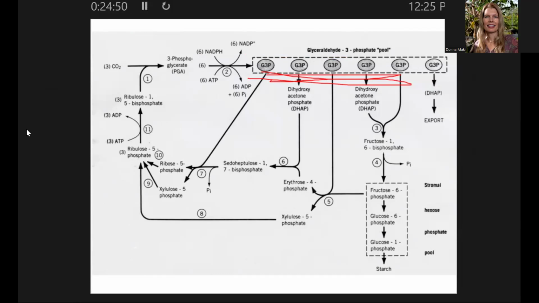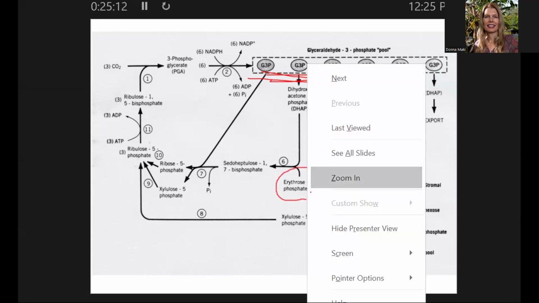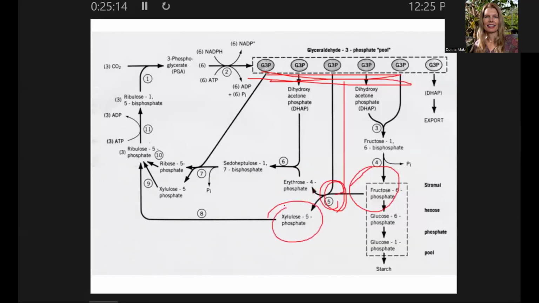And then what they're trying to show here is that another 3 carbon joins in on that. So if you have this 6 carbon right here, and then another G3P comes and reacts with it, now you're up to 9 carbons. They don't even show you what that 9 carbon molecule is. They just show that it quickly separates into a 4 carbon and a 5 carbon.